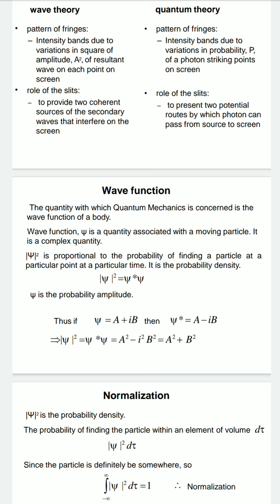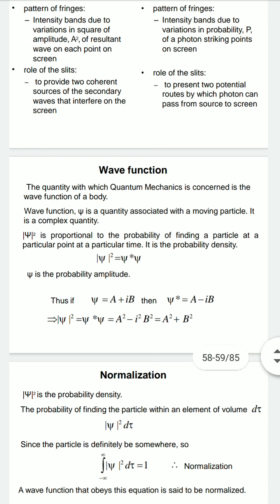So if psi represents the wave function of a particle, here the system is a particle, psi modulus square represents the probability of finding that particle at a particular time. Now you are taking probability density, psi modulus square, which means psi star psi.